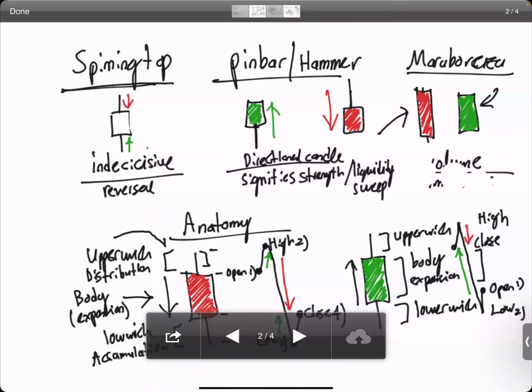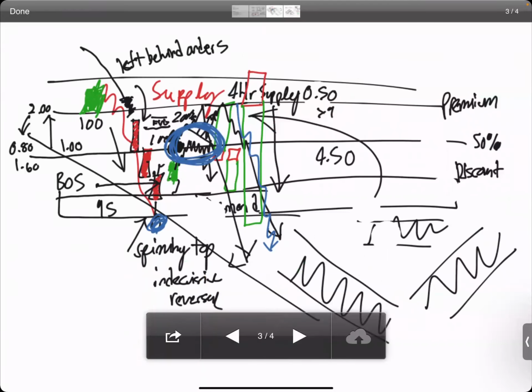So whenever price leaves a strong demand zone or supply zone aggressively, there may be imbalances, fair value gaps, or inefficiencies left behind that price may later come back to grab or tap into before putting in another lower low or another higher high.